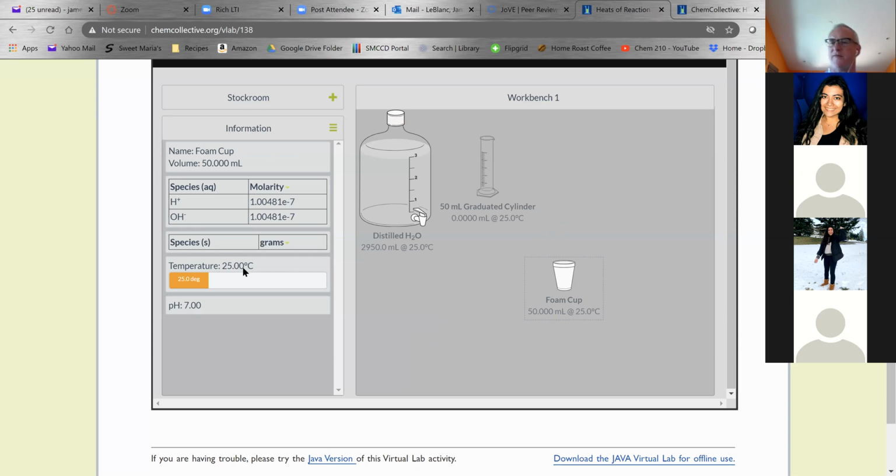So we should have a fairly accurate temperature. Another thing you can notice is it also gives you the concentration of H plus and OH minus. So what would be the pH of the water right now?